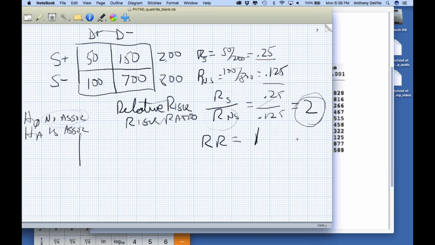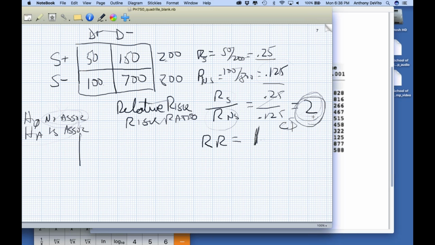Excellent. Very good. So now our next problem is, well, gee, 2, is that a big enough difference from 1 for me to reject the null hypothesis based on the relative risk and accept the alternative hypothesis? Well, the only way I'll know that is if I calculate a confidence interval for this outcome.